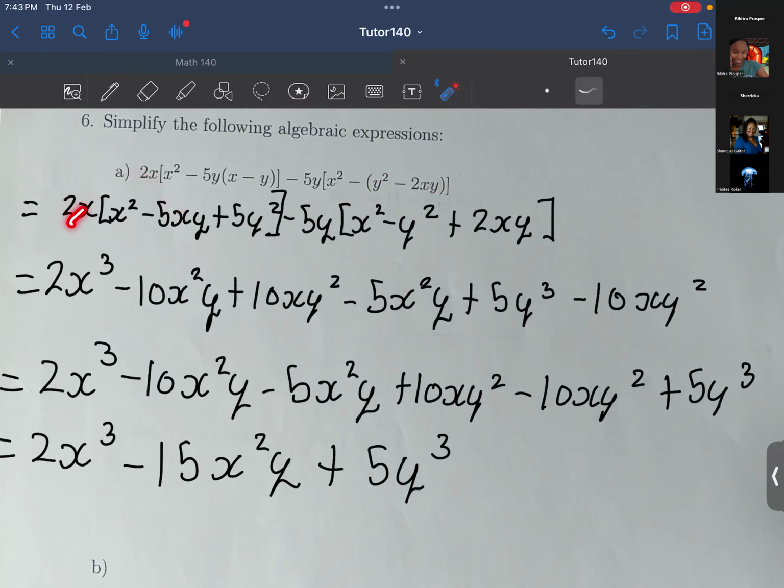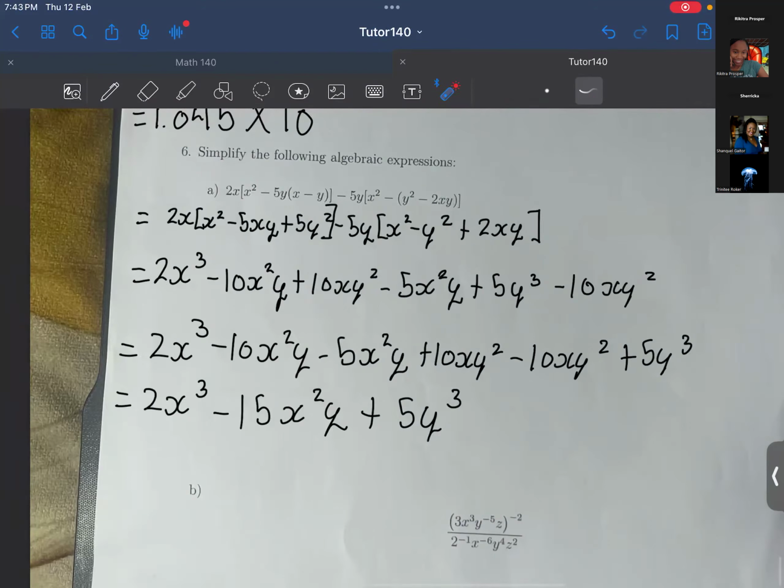So 2 times 2x times minus 5x squared is minus 10x squared y. Okay, I don't see any errors.